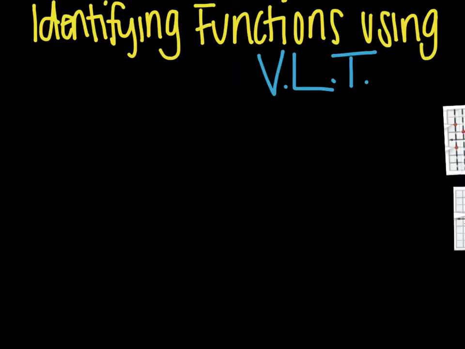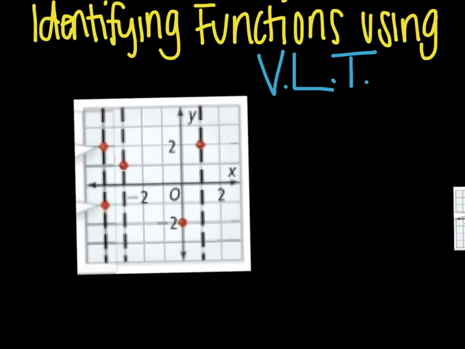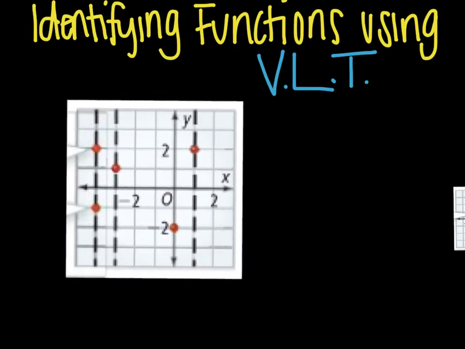You can also identify functions using the vertical line test, which is what VLT is. If you put a pencil vertically, your finger vertically, whatever it might be, it'll show you whether or not it's a function. So you have your finger and you're going to move across vertically.